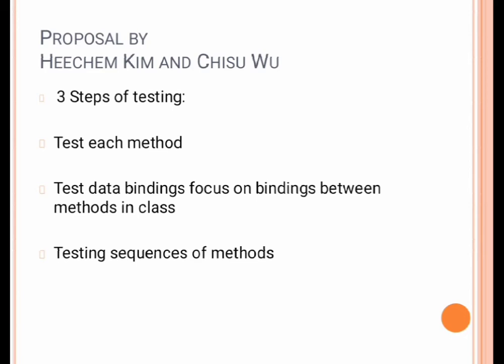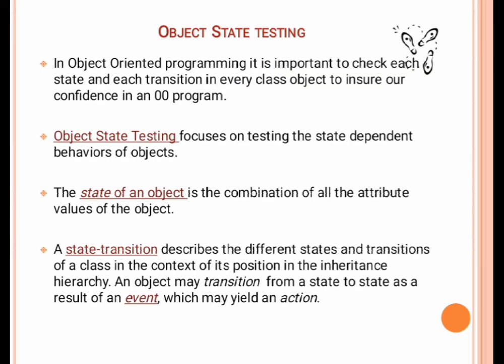test the methods sequentially. In object state testing, in object-oriented programming it is important to check each state and each transition in every class object to ensure confidence in an object-oriented program, whereas object state testing is focused on testing the state-dependent behavior of the object.